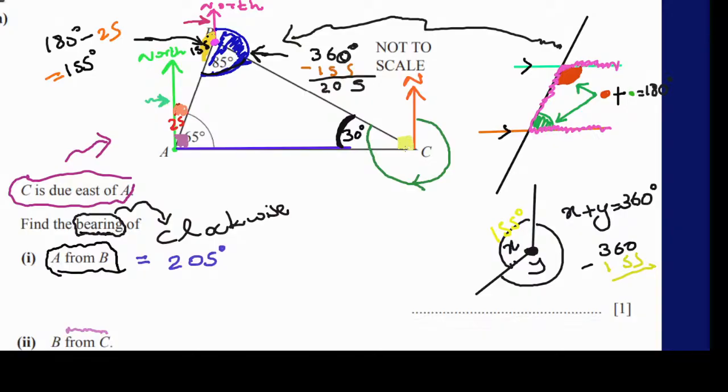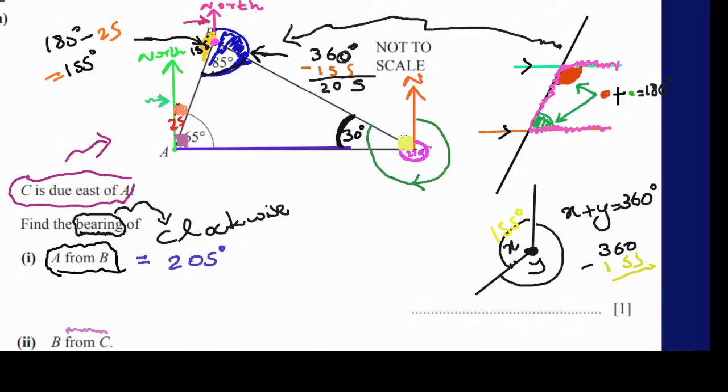It should be 90, because 90 plus 90 makes 180. So if this yellow angle is 90 degrees, what should this angle be, this one I'm showing in purple? That should be 270. Why? Angles around a point add up to 360 degrees. So 360 minus 90 is 270.